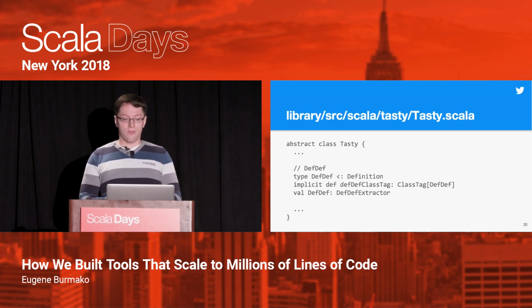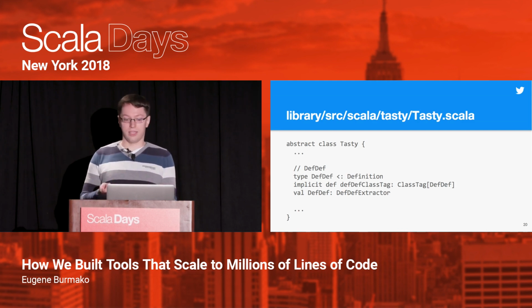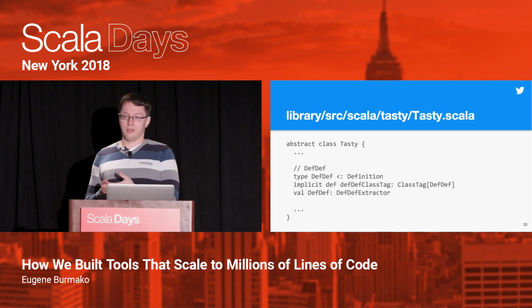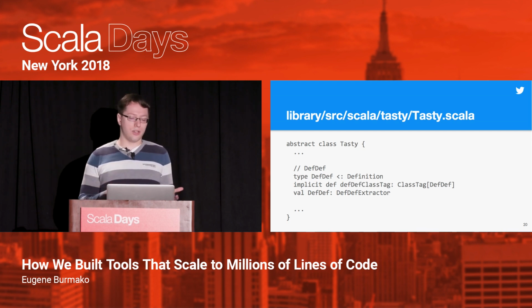It looks like the API for TASTy lives in the Dotty library in the file called Tasty.scala, but it's arranged in a bit unusual way. So let me comment. Instead of having case classes to model the language, the API lives in an enclosing class called Tasty. And those data structures are encoded in abstract types, extractors, as well as these class tags.